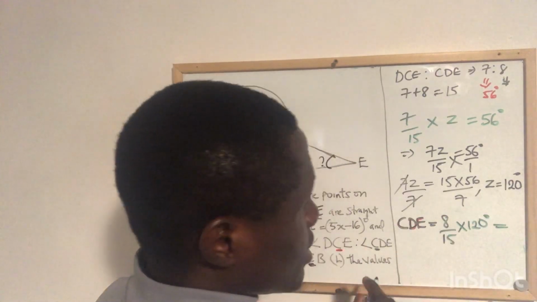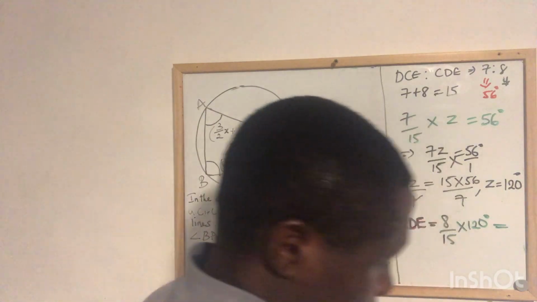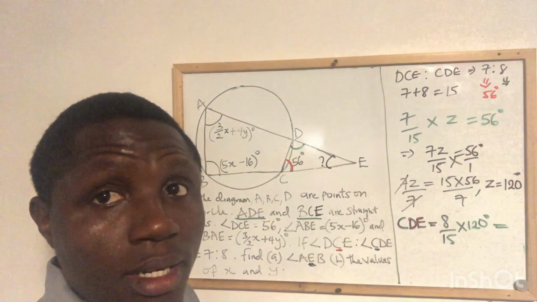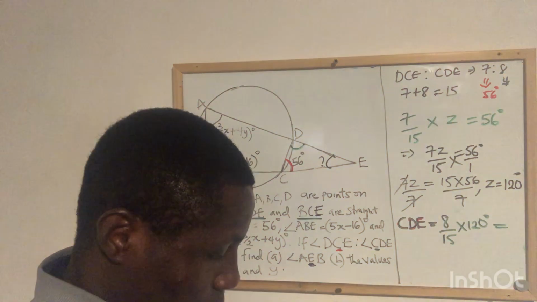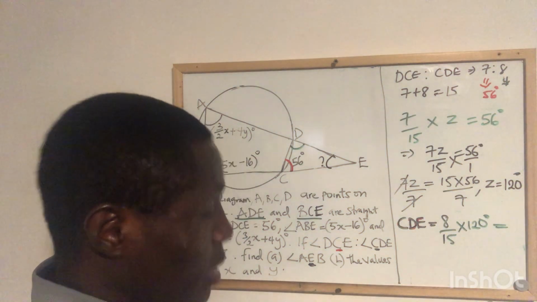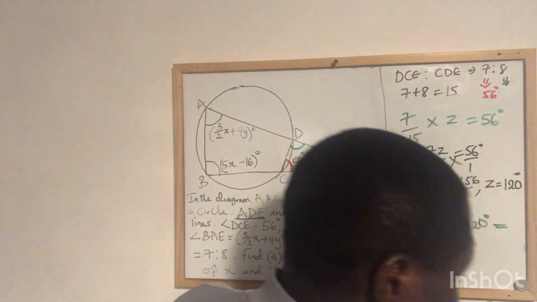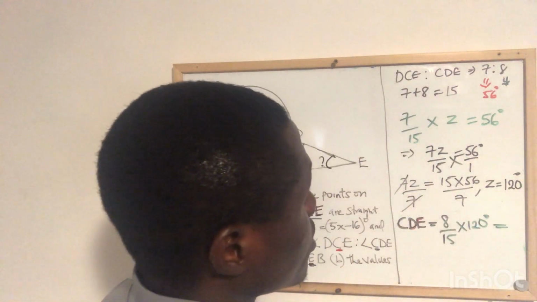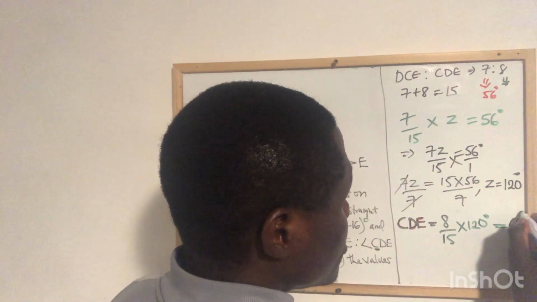So what do we get? Very simple, just press your calculator: 8 times 120 divided by 15. We have 64. The answer is 64 degrees.